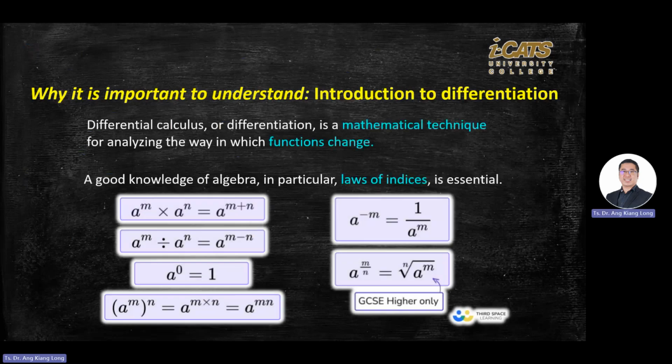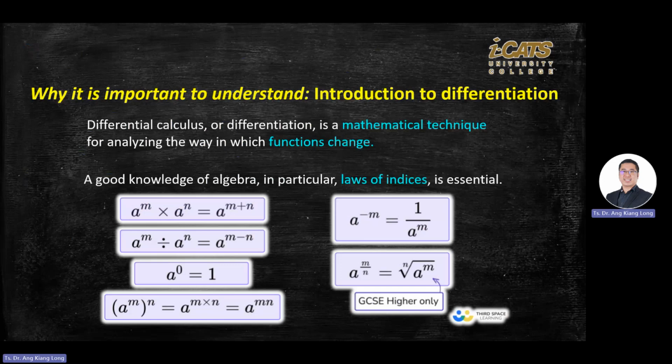Before we go deep into differentiation, there is some background, for example the law of indexes that you learned in chapter 3. You need to recall this. If you take a power m multiply a power n, you get a power m plus n. If you divide the same base, you get a power m minus n.